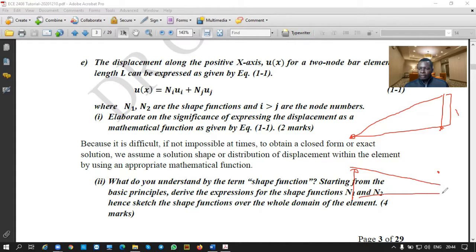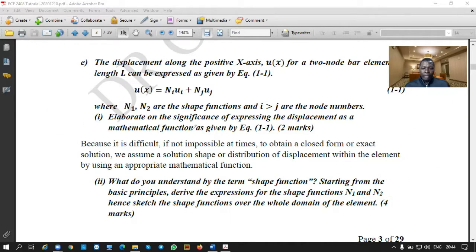So for the bar, it is linear. For the beam, we anticipate a different kind of deformation, and we talked of a quadratic, cubic kind of expression for the beam element. The polynomial order was 3, a polynomial of the third degree.